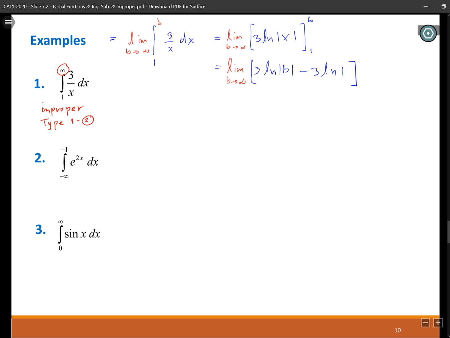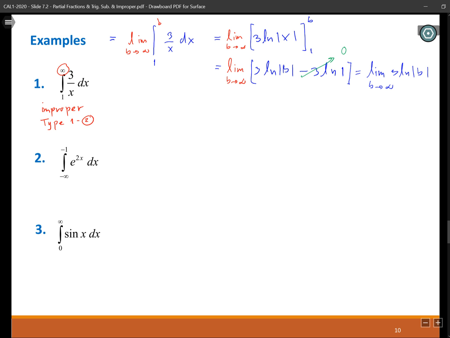And as you can see here, ln of 1 is going to be 0, so all of this goes to 0. So in the end, you have the limit of 3 ln of absolute b as b goes to infinity.